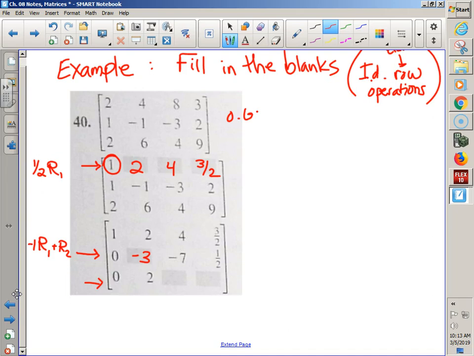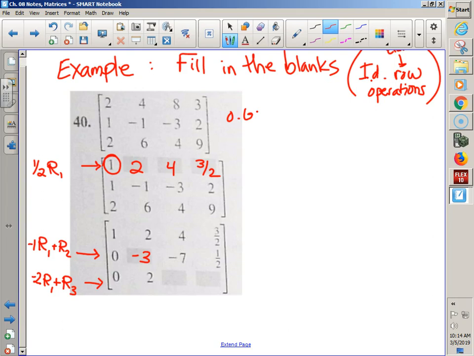How do we use the new row 1? Row 2 minus row 1 gets that, but that's what we already did. We need to change row 3. We can do row 3 minus 2 row 1, or you can think negative 2, the opposite, times row 1, plus row 3. The opposite of what's currently there times the first row, plus row 3.